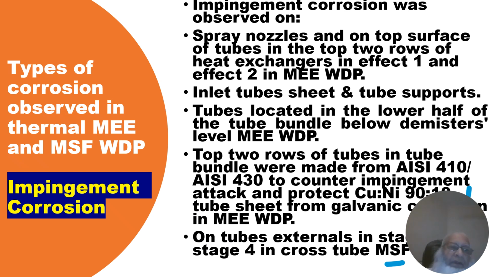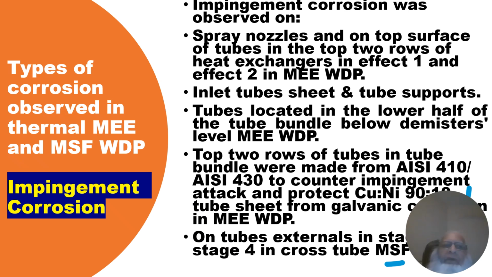This slide shows the location of impingement corrosion observed in thermal MEE and MSF water desalination plants. Impingement corrosion was observed on spray nozzles and on top surface of tubes in the top two rows of heat exchangers in effect 1 and effect 2 in MEE WTP.